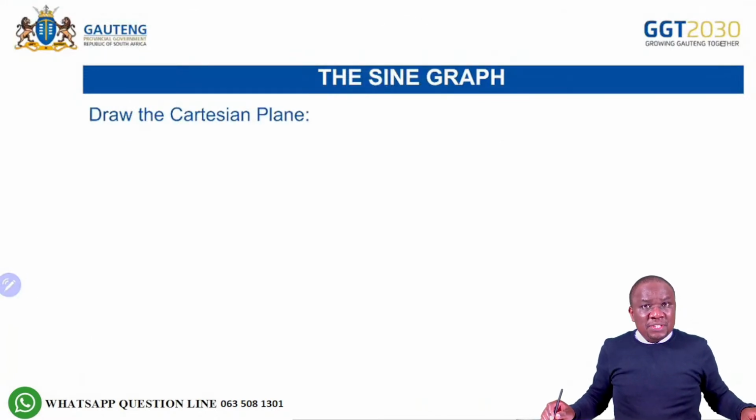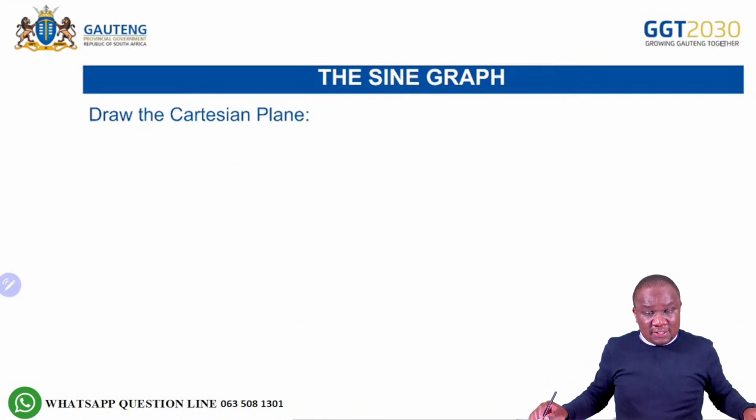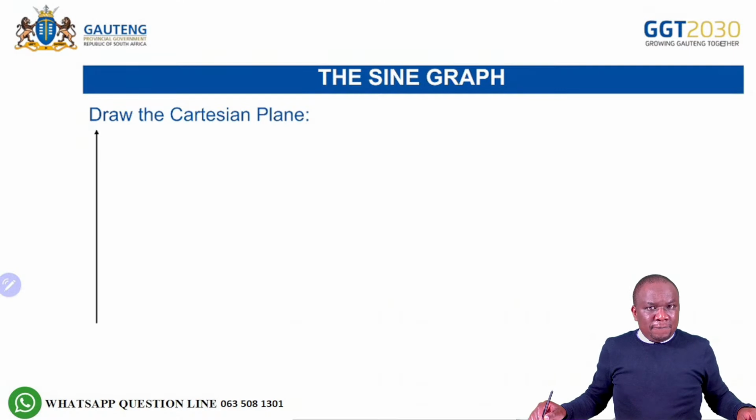Right, let's draw the Cartesian plane. We'll do it step by step. Take your ruler and your pencil. Don't use freehand, it's going to be clumsy. Let's draw our vertical axis, the y-axis. It should be between a quarter of a page and half a page.